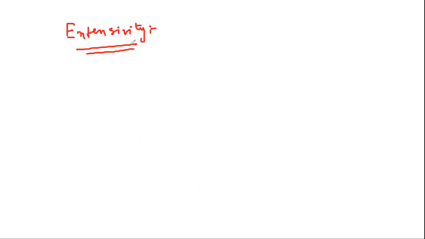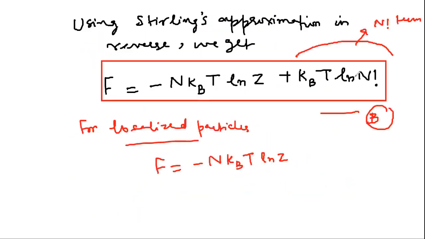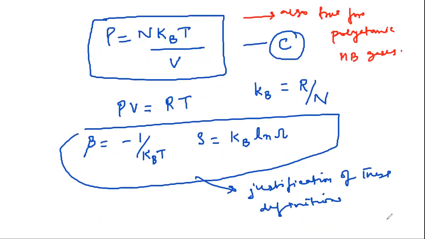That is about the extra N factorial term in equation B. That is this extra term. I want to discuss its consequences.